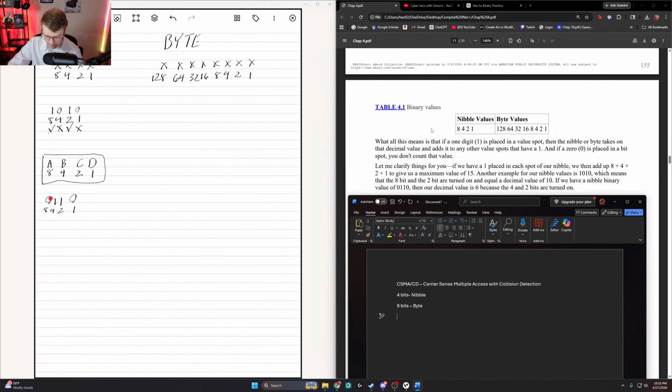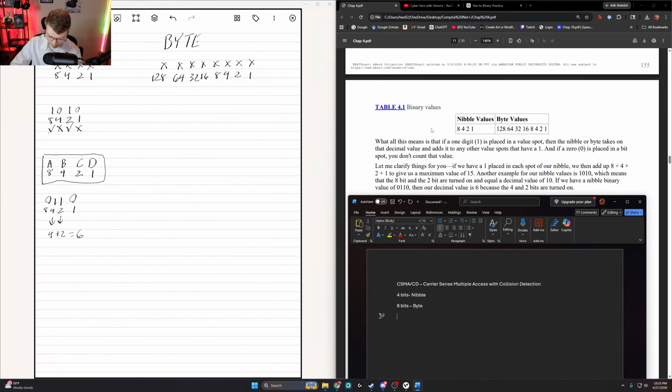If we look, 8 is turned off, 4 is turned on, 2 is turned on, and 1 is turned off. So we take our value of 4 and our value of 2. 4 plus 2 would equal 6. And that's what we're doing with our nibble.